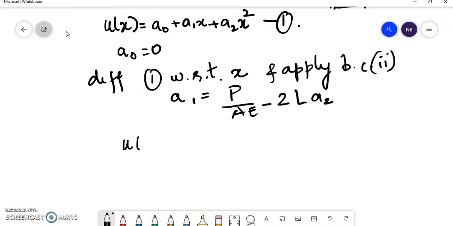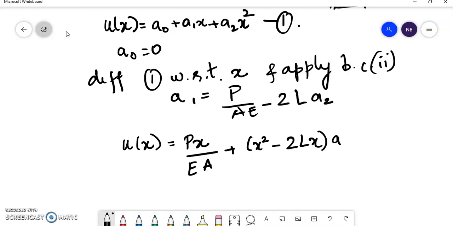Substituting the value of a1, we get this equation. Let us now label this as equation 2.